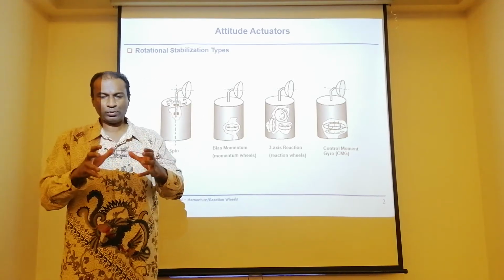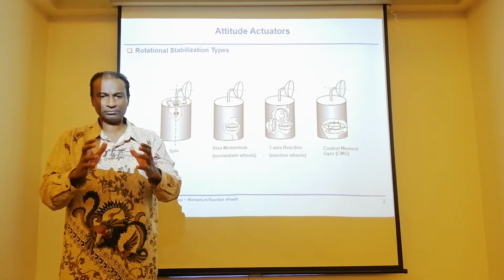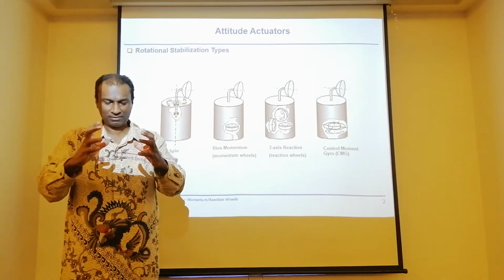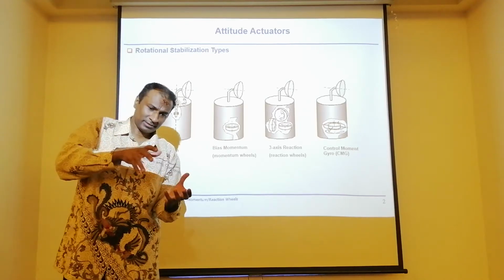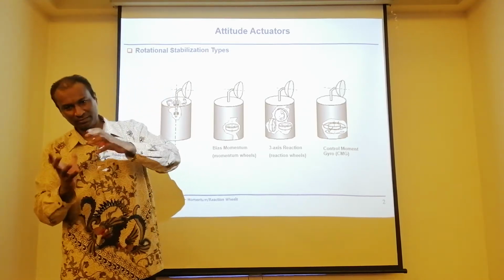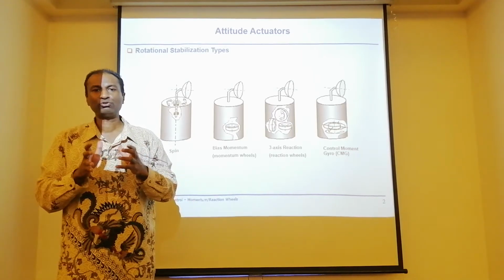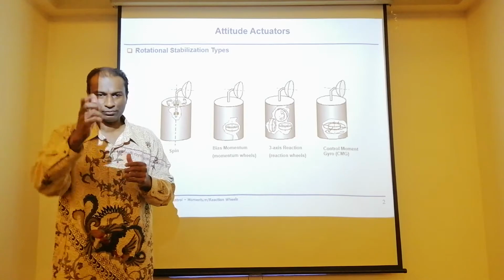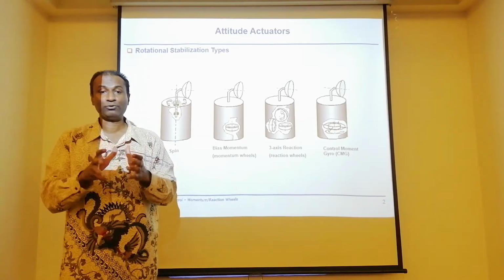I don't install this wheel in yaw. I just install this wheel, let's say, in pitch. But if I can tilt the axis of rotation, I should be able to induce torque in roll, in yaw, for example, depending on where I'm going to install.